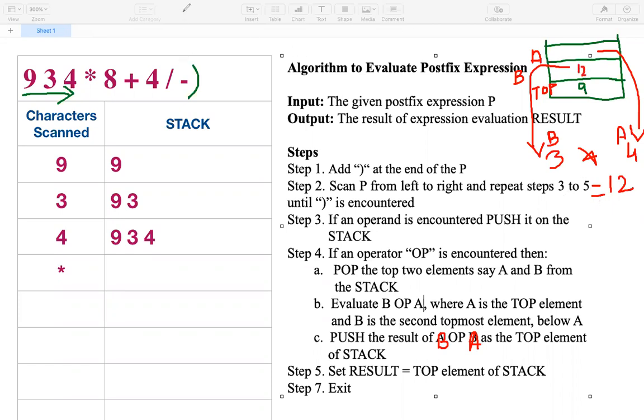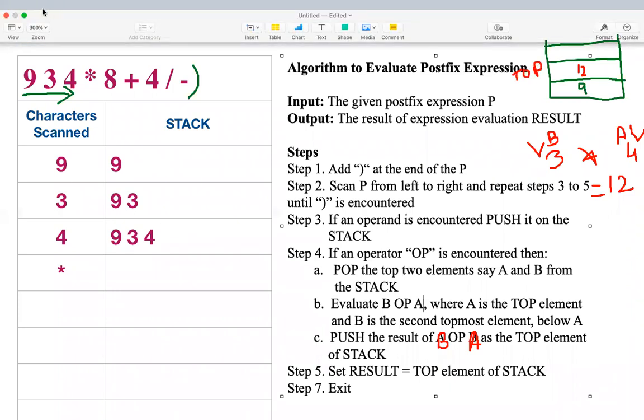So when we put it back into the stack, let me remove this part. The result of B operation A, 12, is put back into the stack. Then the top moves to this location again.